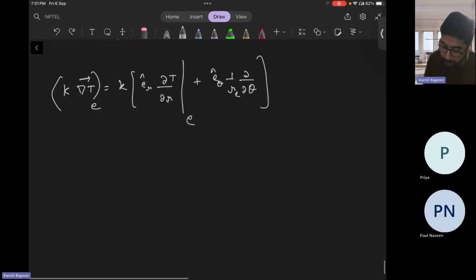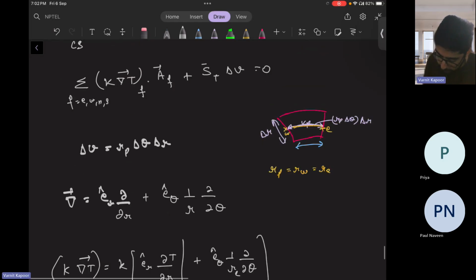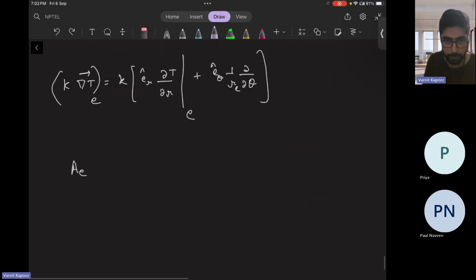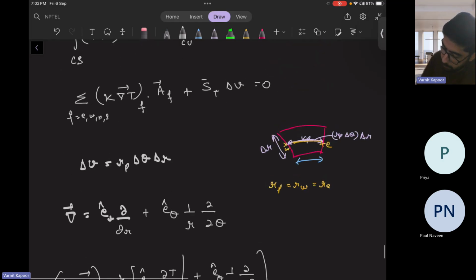Now what will be the area of east? Because this is the term now: K grad T dot the area of that face. K grad T we have seen for the east face. Similarly, the area of the east face, if you observe, this is your east face.